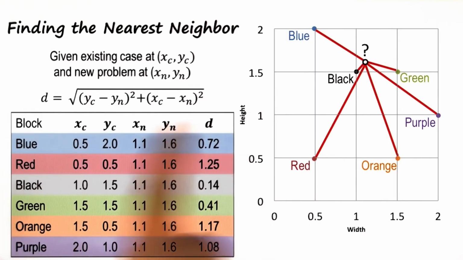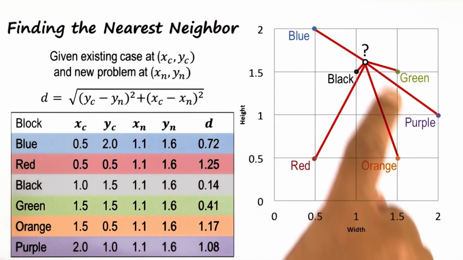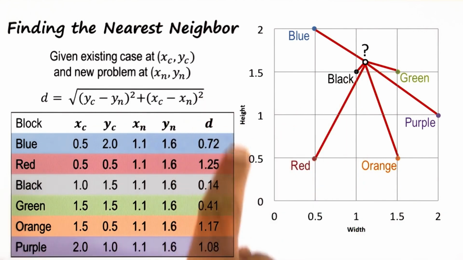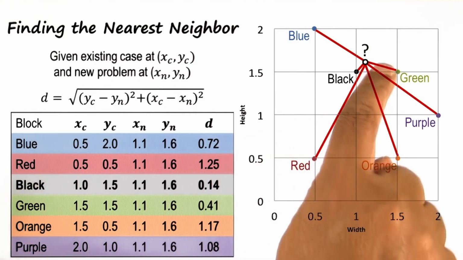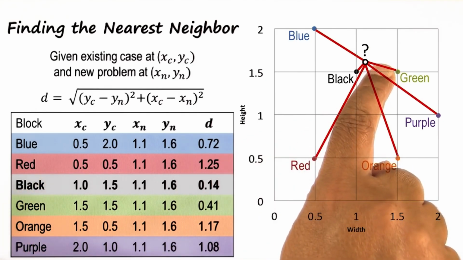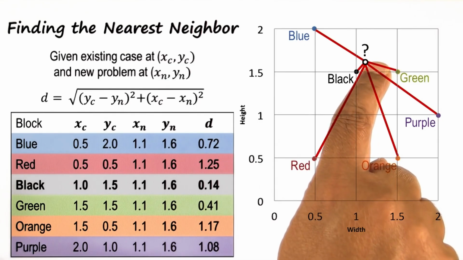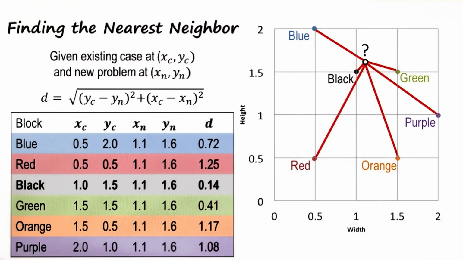Now we can easily calculate the Euclidean distance between each of the cases and the new problem, and this table summarizes the distances. Given this table, we can very quickly see that the case of the black block is closest to the new problem, and therefore one might give the answer that the new block is also black in color. So the nearest neighbor method is one method of finding the most similar case or the most closely resembling case.